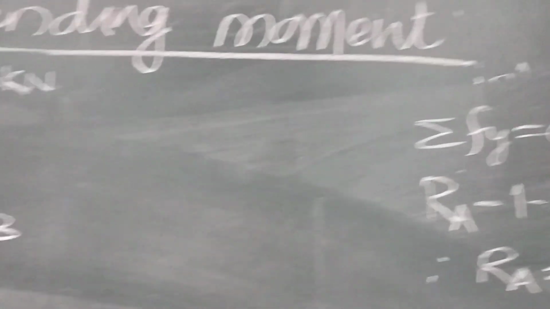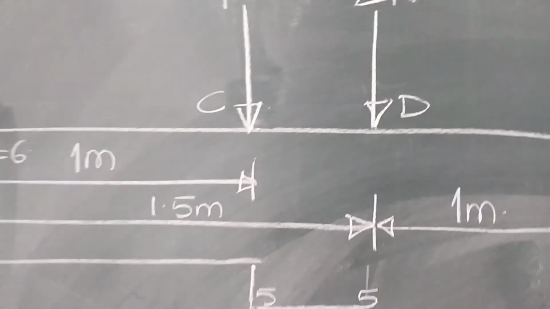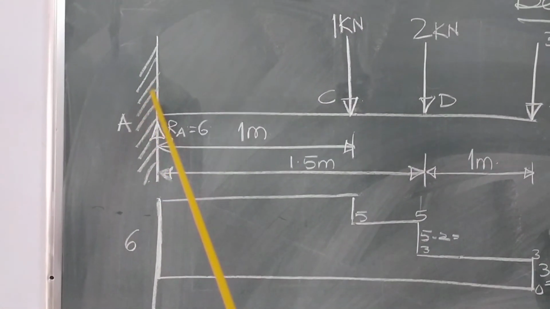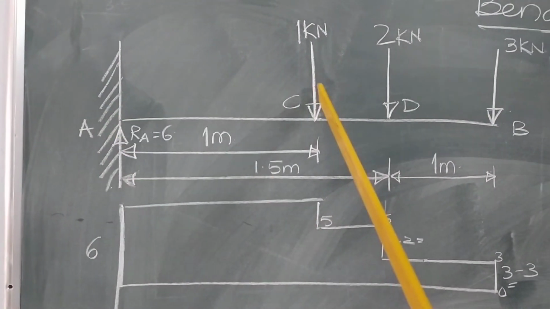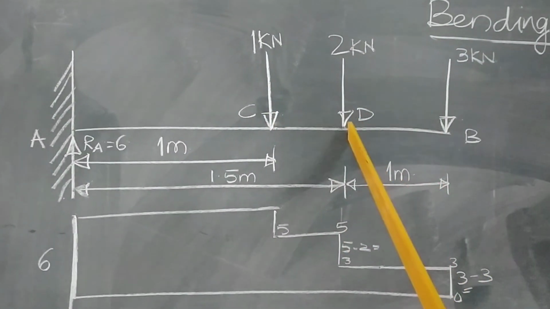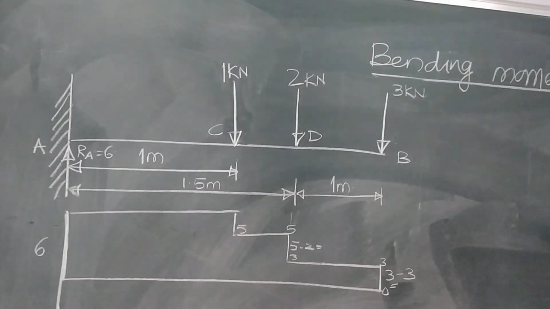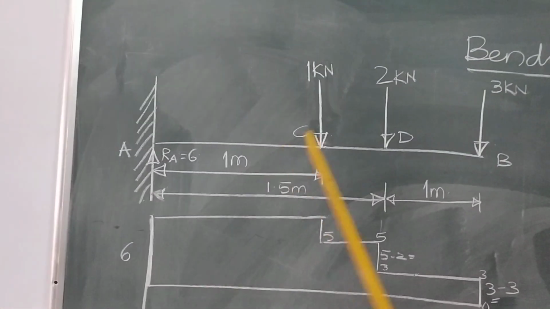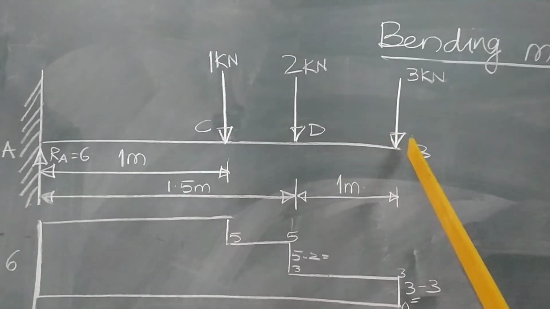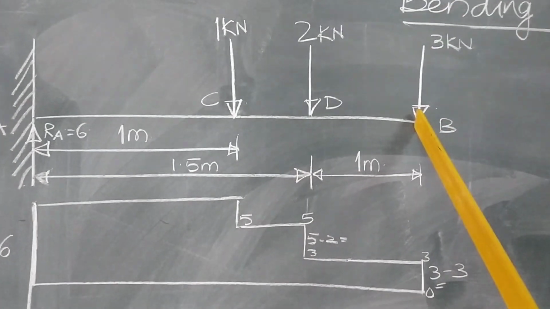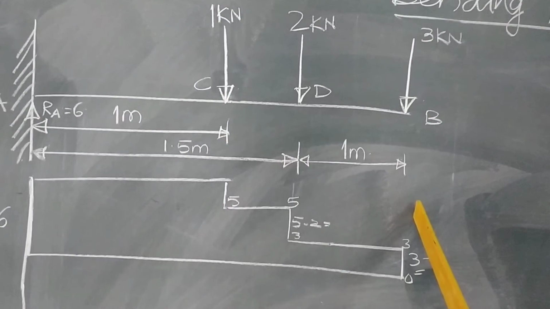Now friends, for this cantilever there is only one reaction. So, do not start from point C or D as we have started in simply supported beam, but start with point B. Here bending moment is 0 because no support reaction.